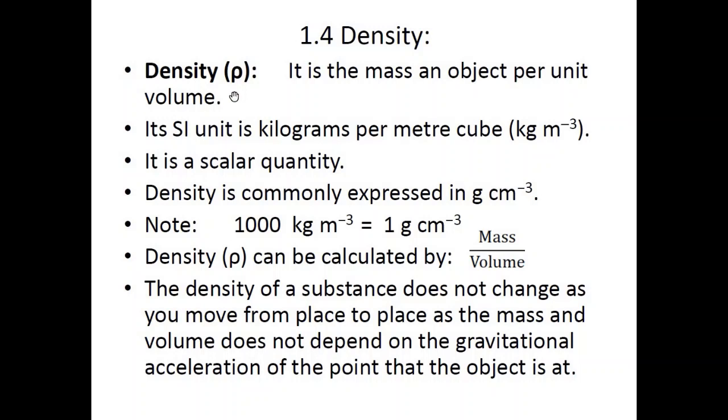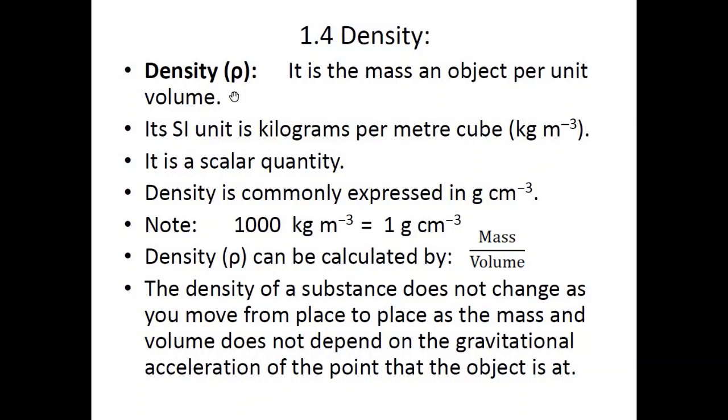The SI unit for density is kilograms per meter cube, kg upon meter cube, and it is a scalar quantity. Neither mass nor volume is a vector, hence density is also not a vector.